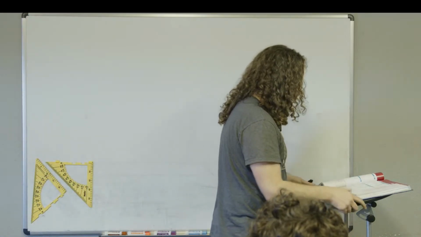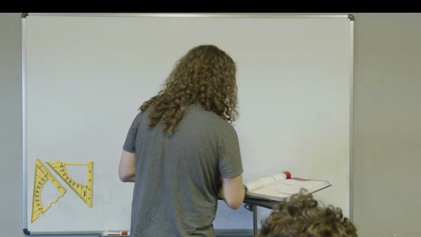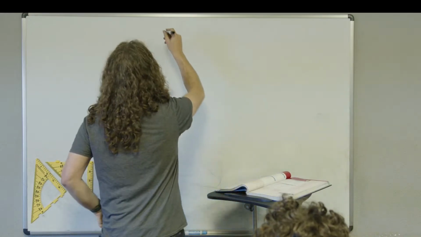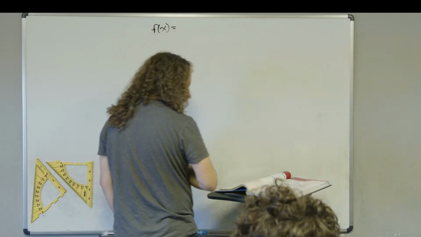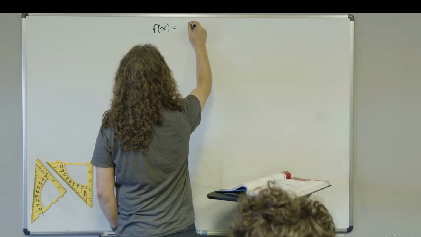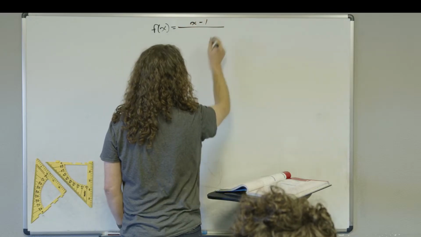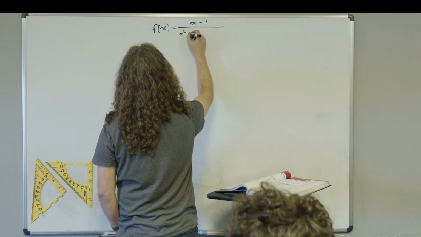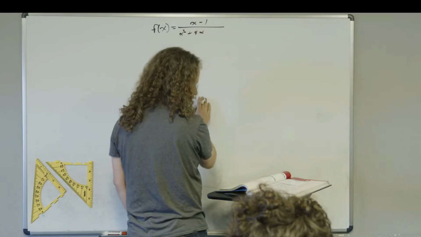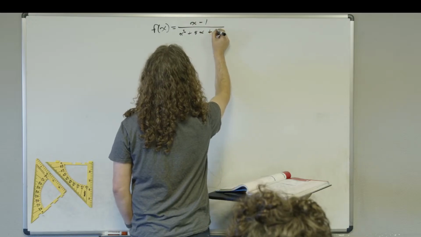All right, 37. We're supposed to graph f of x equals x minus 1 over x squared plus 5x plus 6.